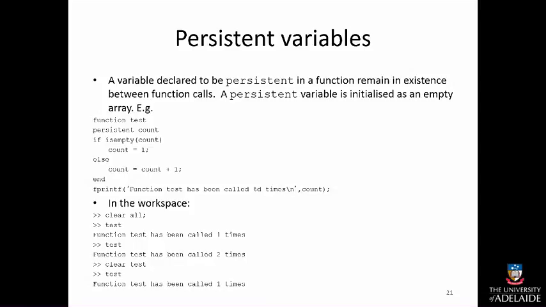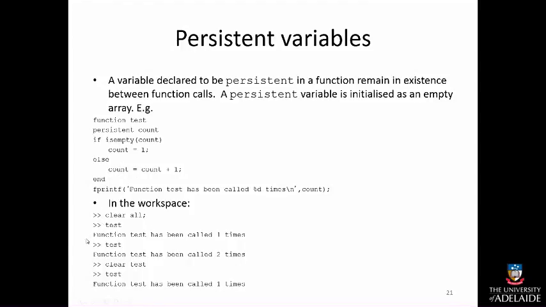So you have persistent variables. They would always remember their values. So if you call the function multiple times, that value would be remembered. For instance, in this one, we have a persistent variable count. Count equals 1, you are incrementing the value of count.